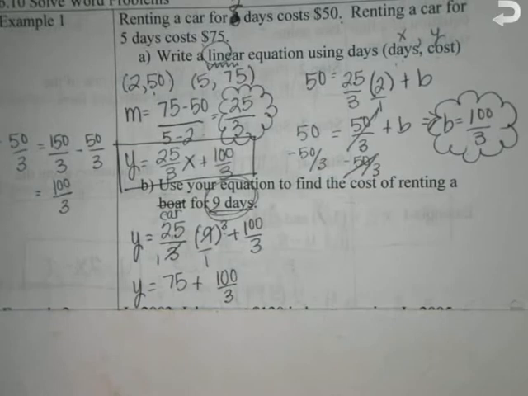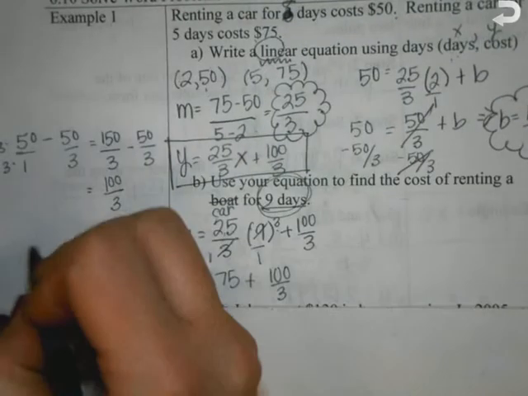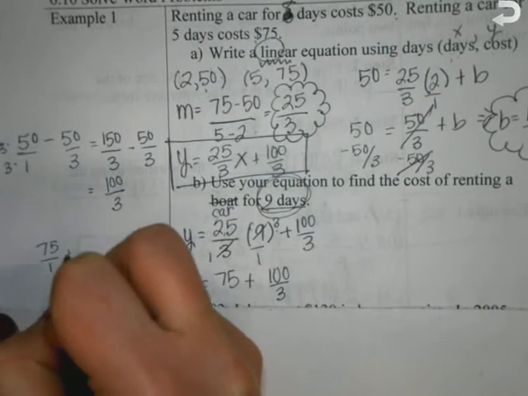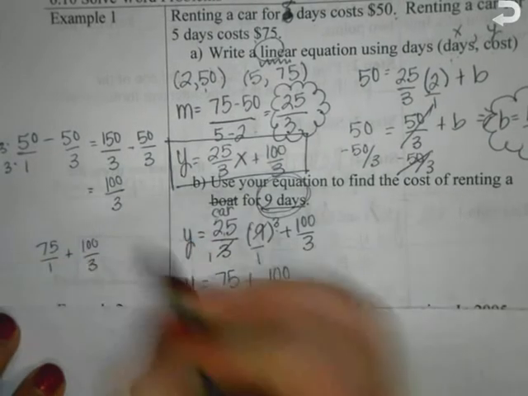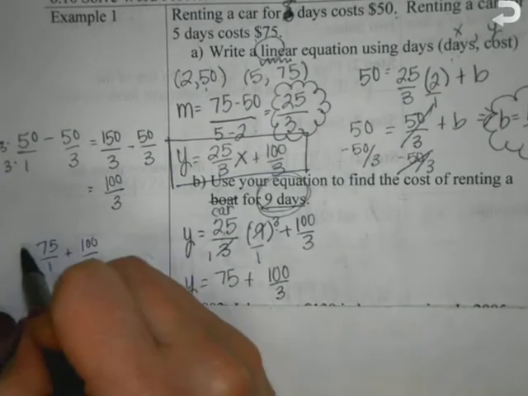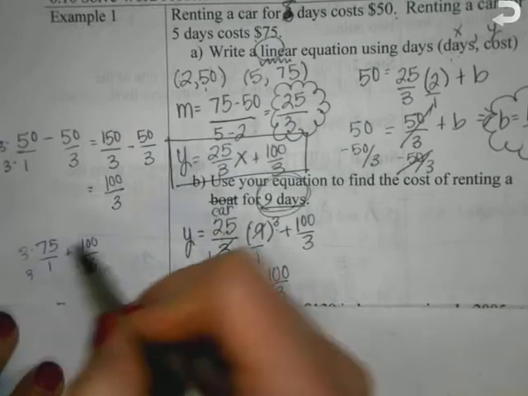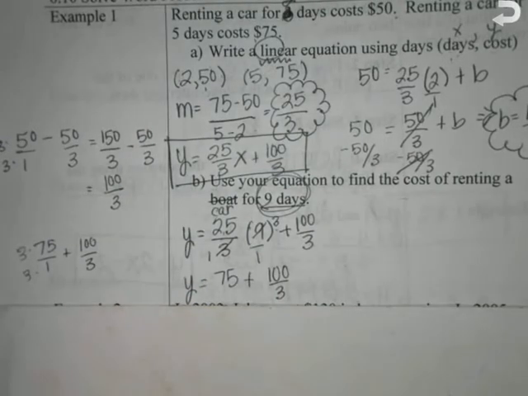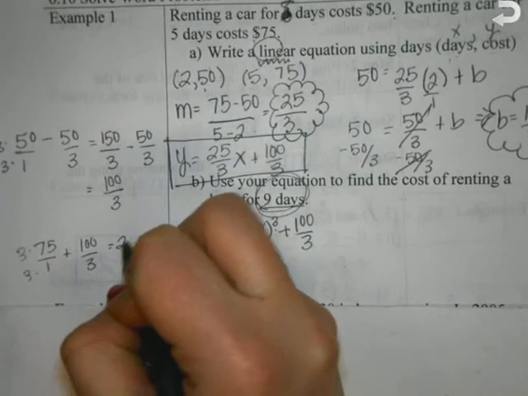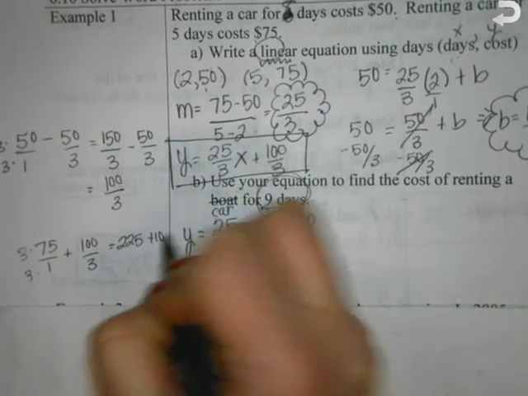Okay, now let's get this over common denominators. 75 over 1 plus 100 over 3. Multiply by 3. Oh man, guys, I'm going to use my calculator on this one. 75 times 3 is 225, plus 100, and we can put it all over the common denominator, right?